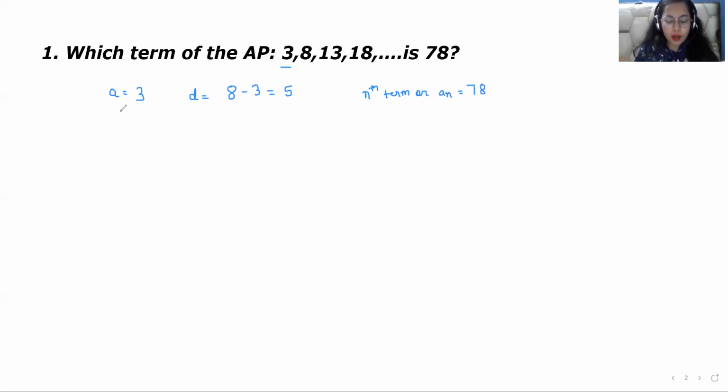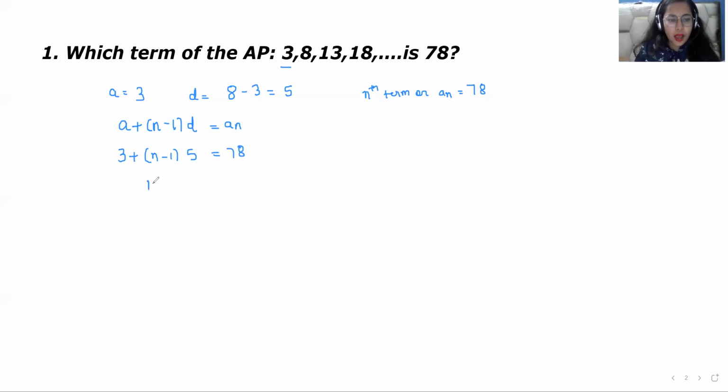So what is our formula? Our formula is a plus (n minus 1) multiplied by d equals an. We are going to put in all these values. a is 3, plus (n minus 1), the difference is 5, and an is 78.